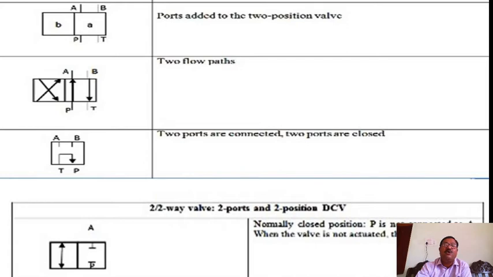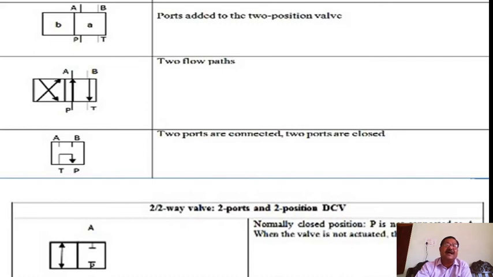B and A, two ports, are added to two position valves. These are the two positions, but two ports are there, 1 and 2, and these ports are not connected. These ports are A and P. Here you can see two flow paths: P to A is one flow, and B to T is the other flow. Interconnection is also possible.